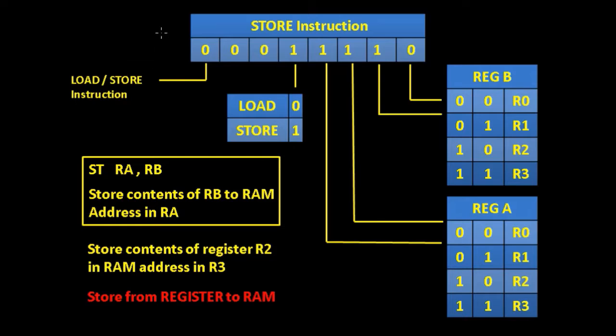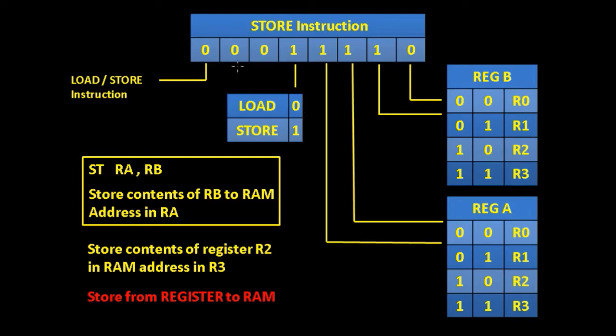So first of all, let's look at the store instruction. We've got it set up here as 0, so we know it's load or store, and we've got 0, 0, 1, so it's a 1, so we know we're in the store instruction. And we've got these two registers set up here.